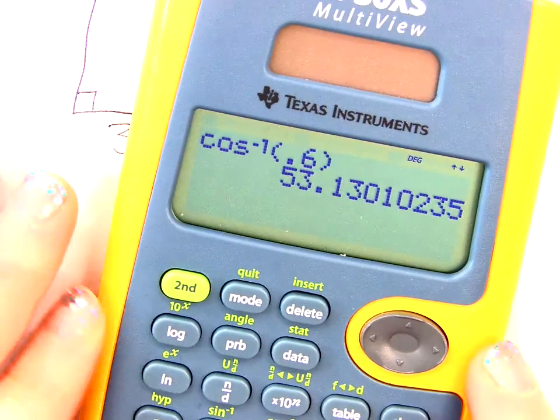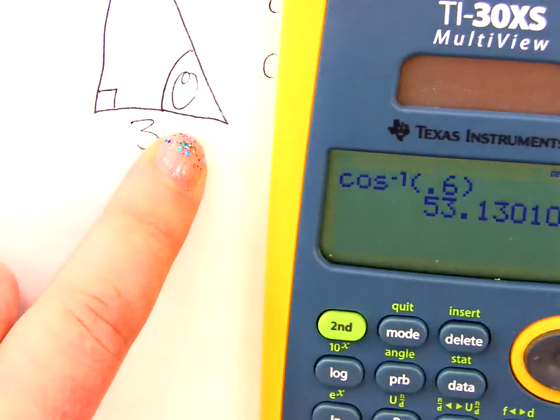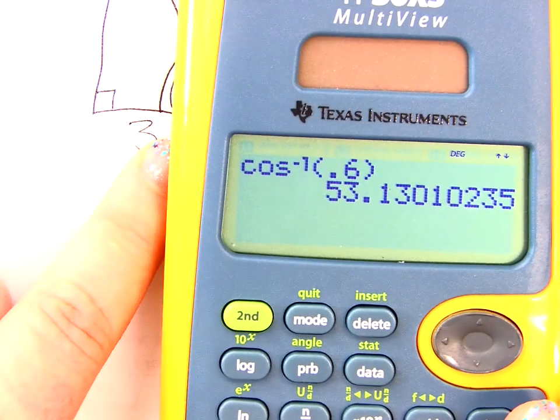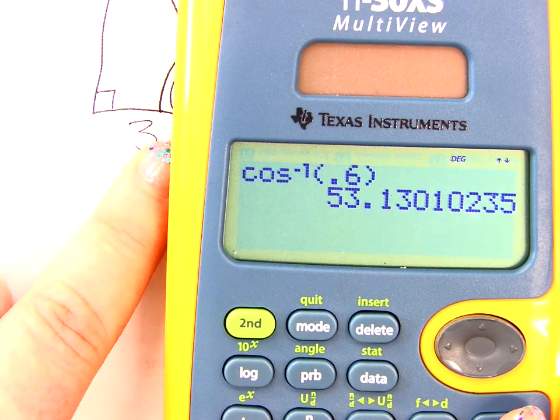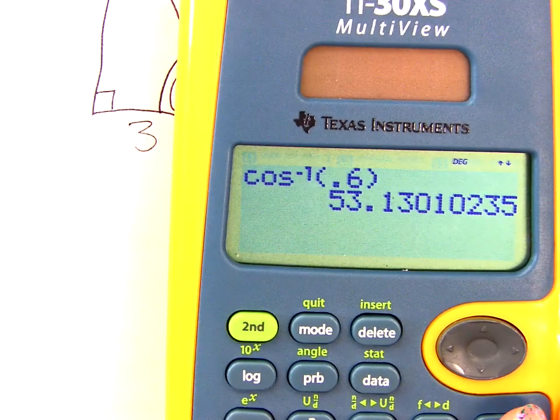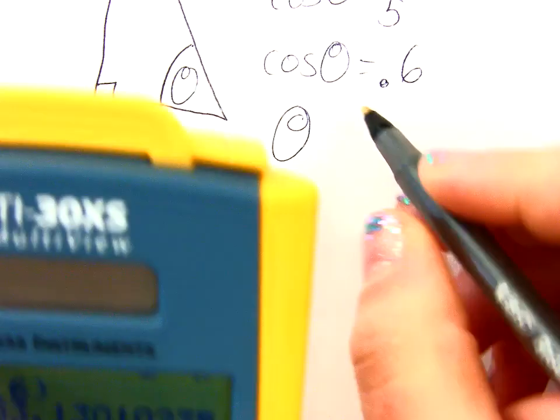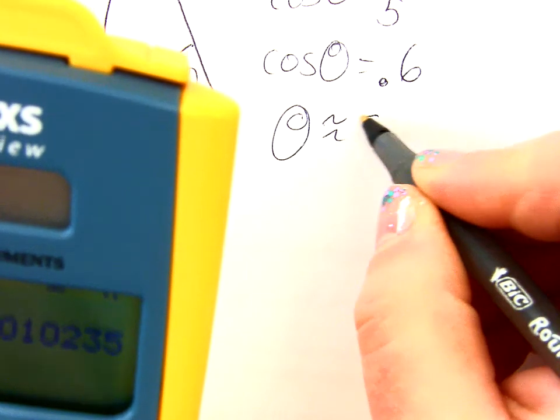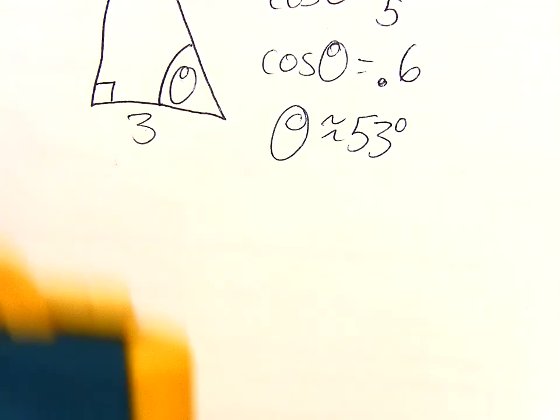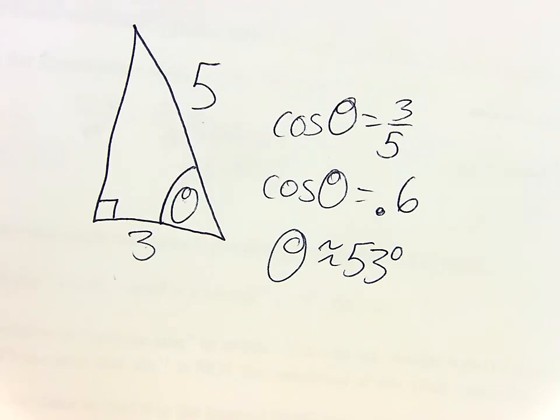That means that angle right there has to be 53.13 degrees. How about that? So usually we round angles to the nearest whole angle. You just look and make sure that whatever worksheet or test or quiz, if it says, usually we just round to the nearest whole.